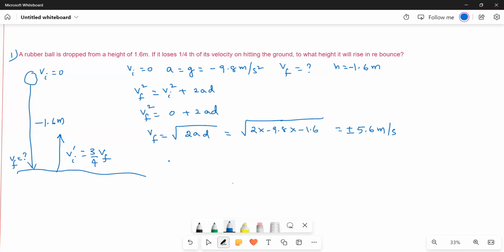Okay, so now Vi dash is equal to this 5.6 meters per second minus 1/4 of it, since it loses 1/4 of the velocity.